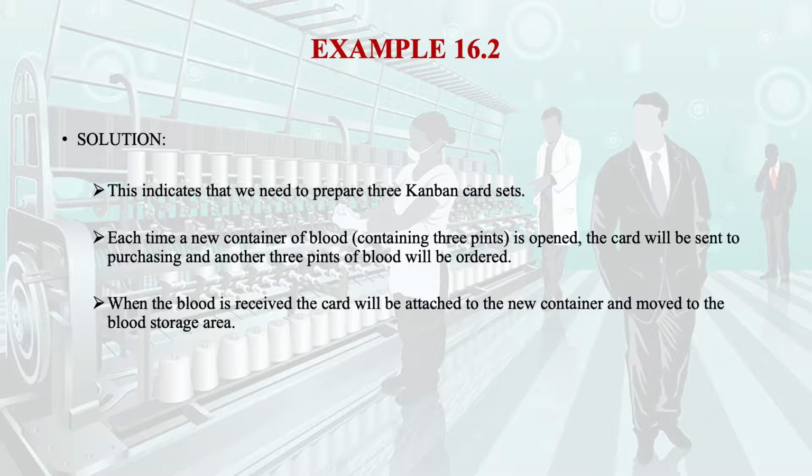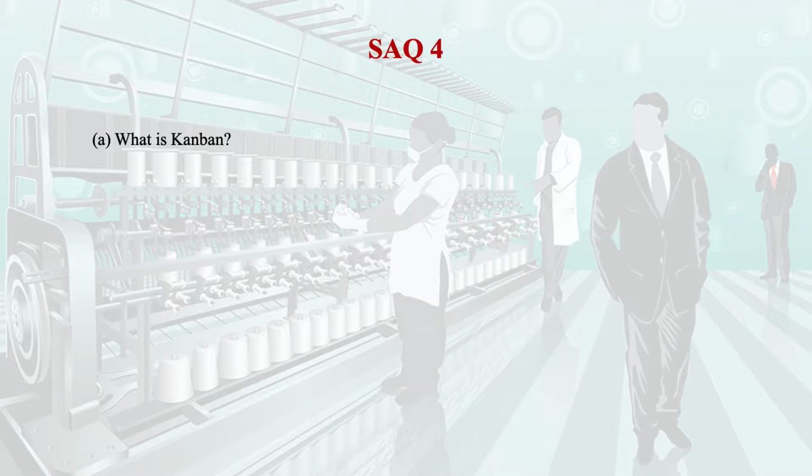Now I will ask a simple question. What do you understand by Kanban and how is it used? What are the different types of Kanban and how will you calculate the number of Kanbans? If we see what we have studied, we have explained just-in-time, then how Kanban is used, and how Kanban is used in a pull system.